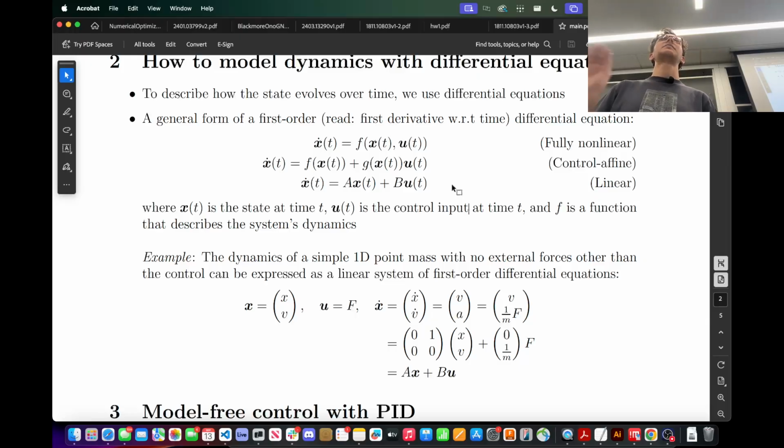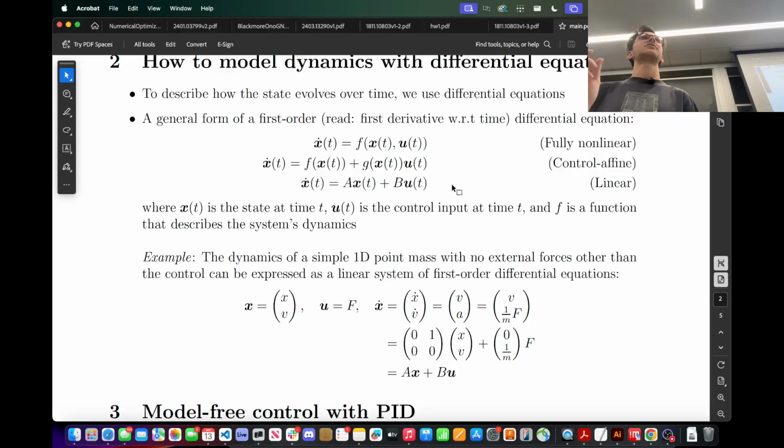And I want to be careful in saying this is not just how you write the system. This is fundamentally a property of the system: is the system linear or is the system nonlinear? It can depend on your choice of coordinates. For example, if you had a 2D thing written in polar coordinates versus in Cartesian coordinates, one of those may admit nonlinear type dynamics, whereas if you wrote it in Cartesian coordinates, it would be linear.